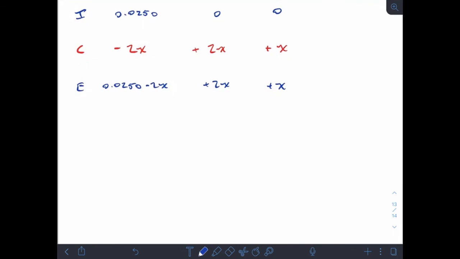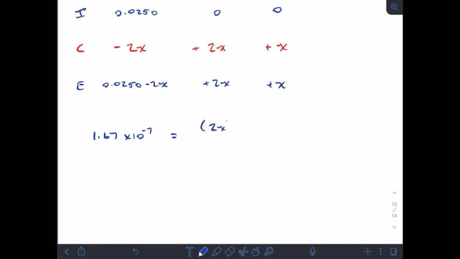Now we plug these into our K expression. So we'll say K equals 1.67 times 10 to the minus 7 equals 2x squared times x over 0.0250 minus 2x squared.